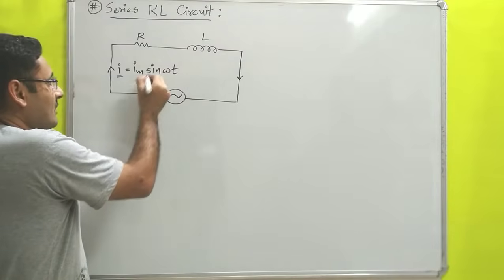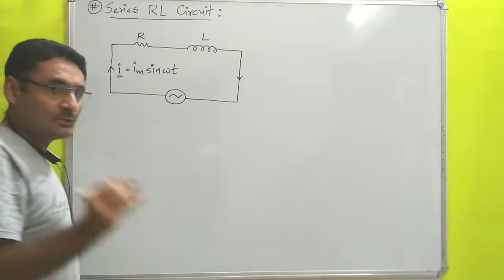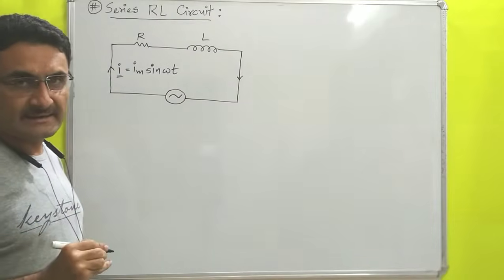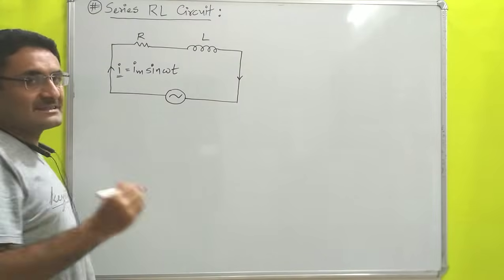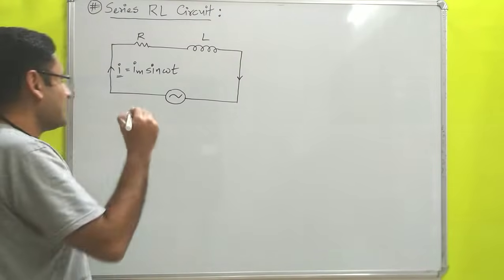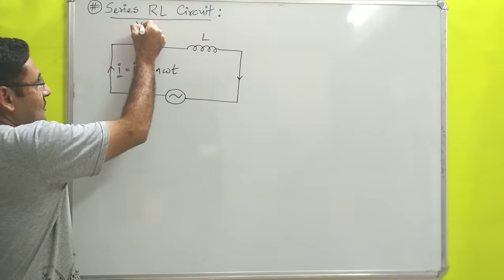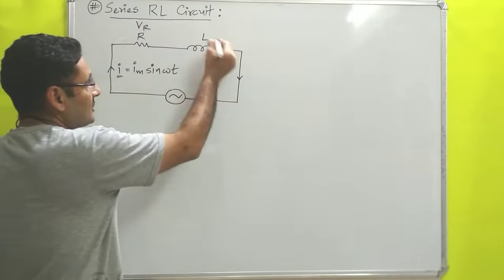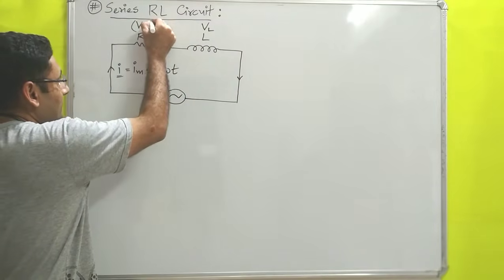That means the equation of current through the resistor and the inductor will be the same, but the potential across these devices would be different. Let us say the potential across the resistor is VR, and the potential across the inductor is VL.